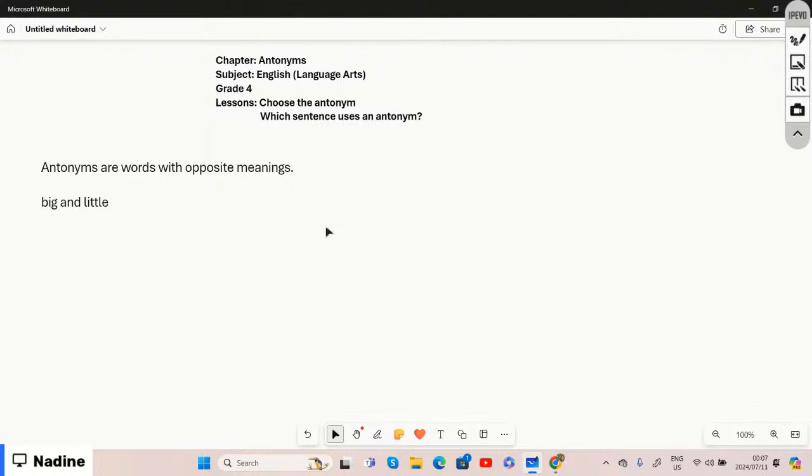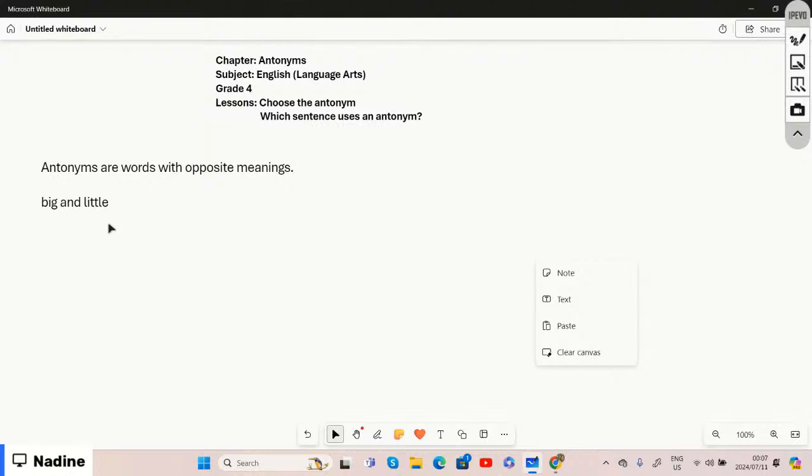Antonyms are words with opposite meanings. So we will have different words, but the words will have opposite meaning. For example, we have big and little. Something that is big is the opposite of something that's little.